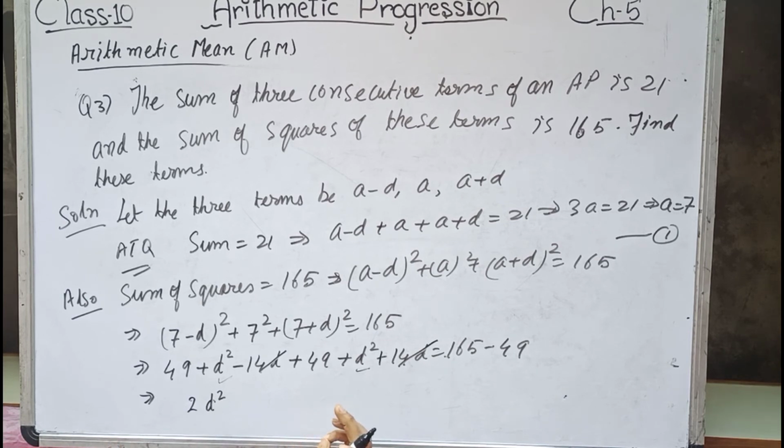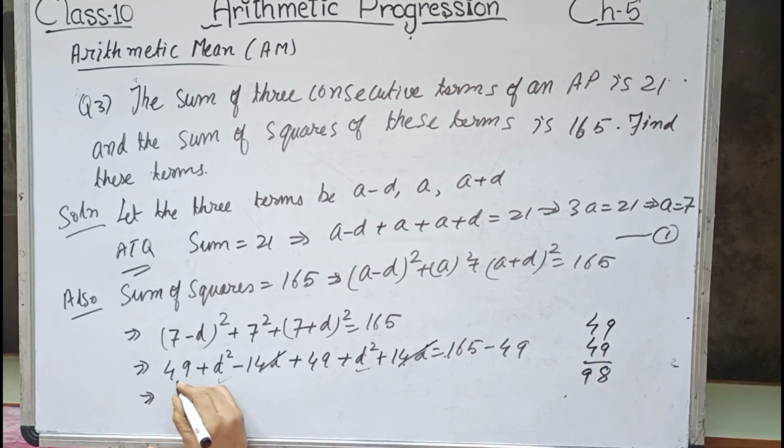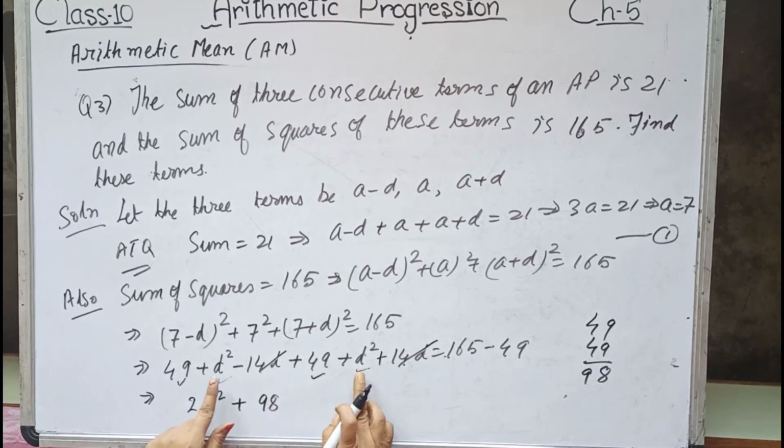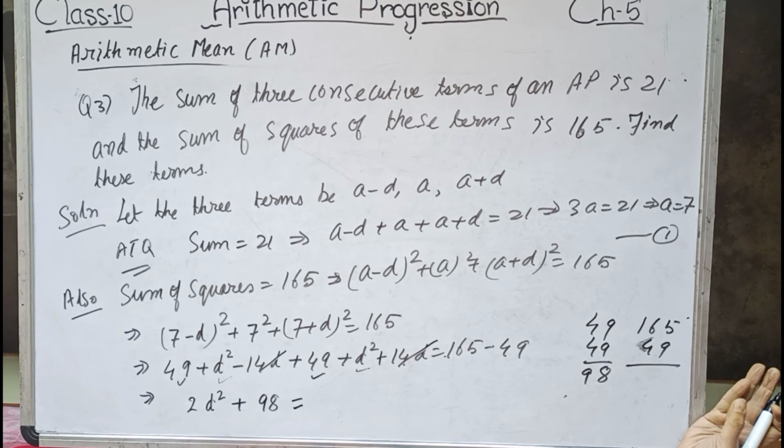And the 49 plus 49 is 98, so this work done, these two cancelled and these two added will be equal to 165 minus 49. So which will give 116.